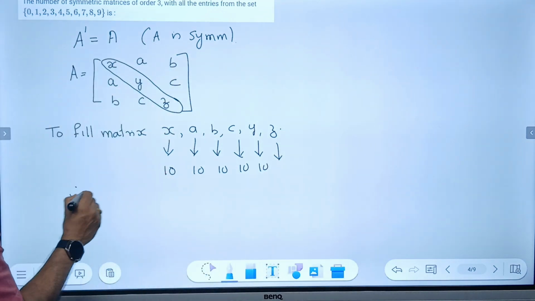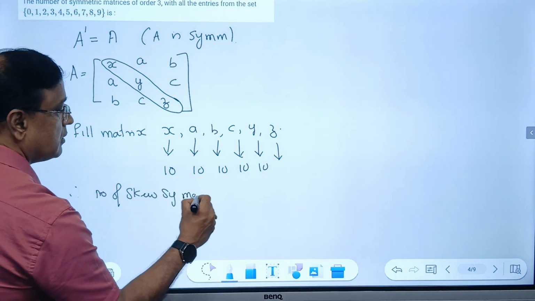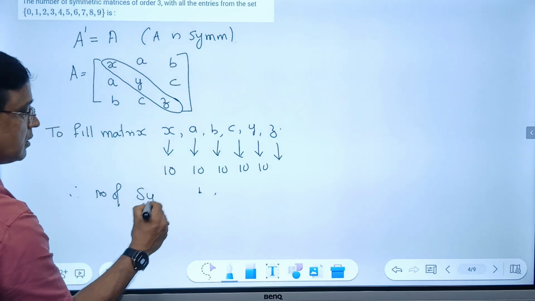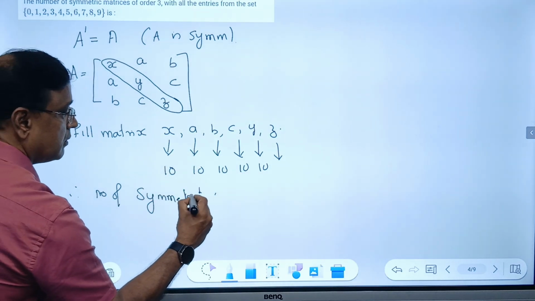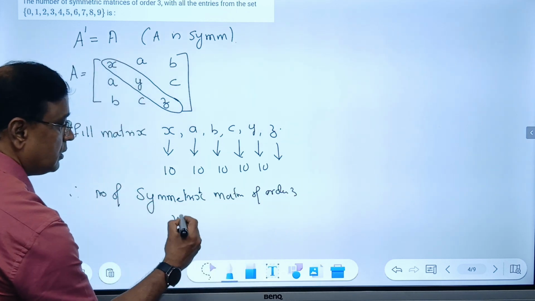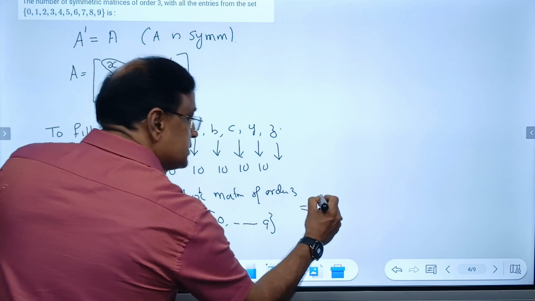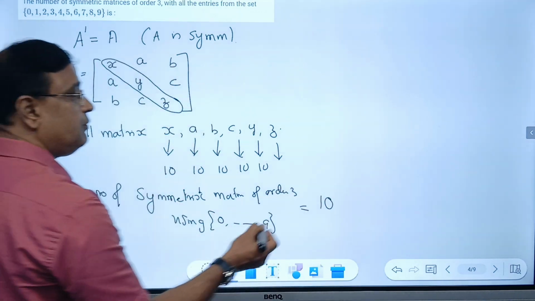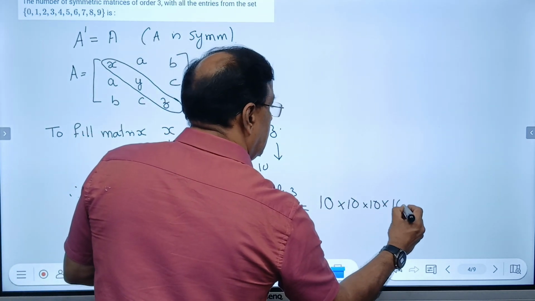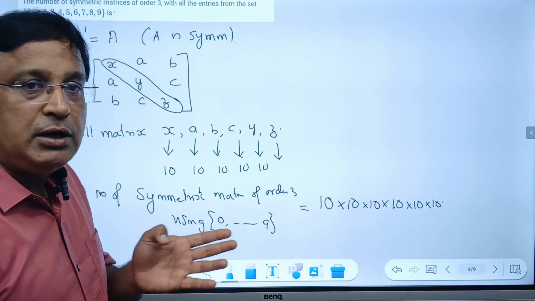Now, therefore, the number of symmetric matrices of order 3 using 0 to 9 is: I have to fill X, and I have to fill A, and B, and C, and Y, and Z. Since it is 'and', by the multiplication law you have to multiply.